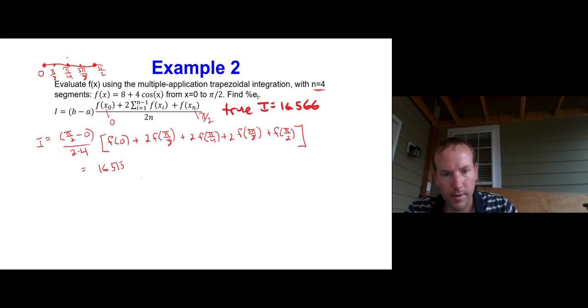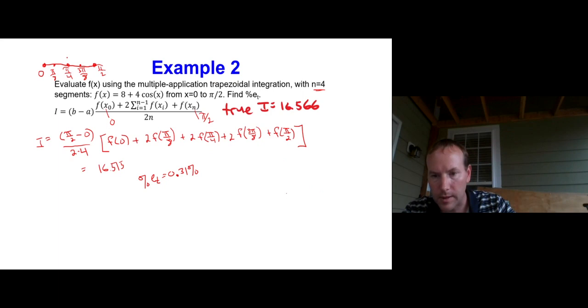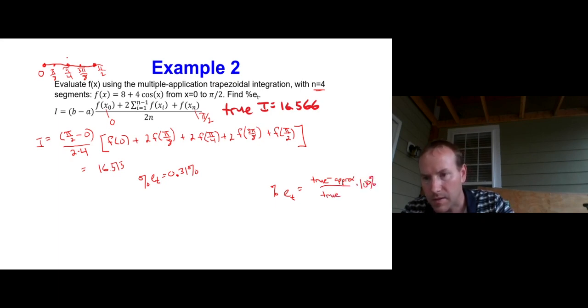So the error on this, if you compute the true relative error, is 0.31%. That's actually a very good approximation. And remember that the percent ET is defined as the true minus approx, divided by true, times 100%.